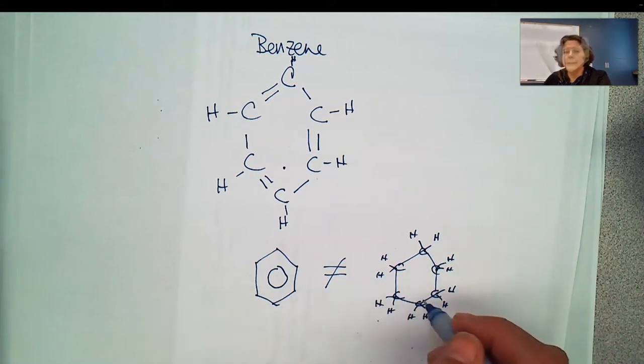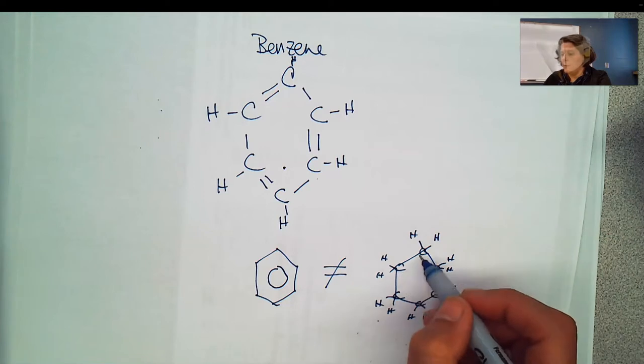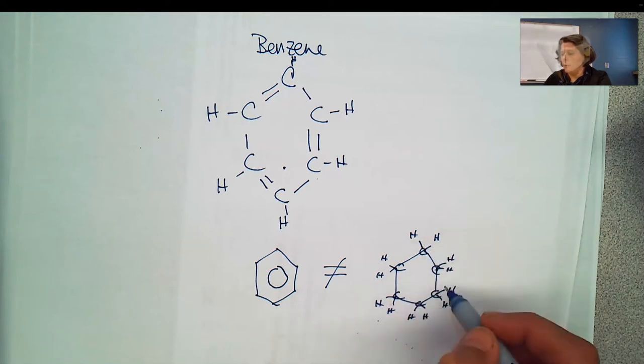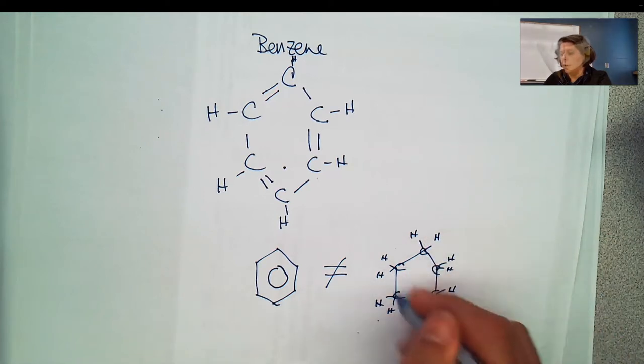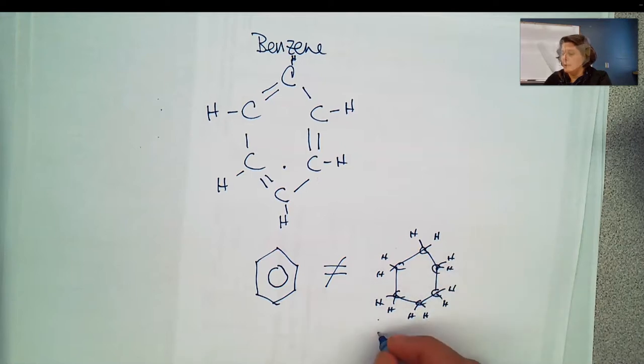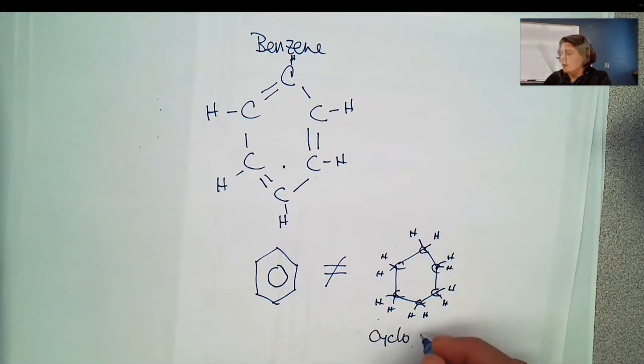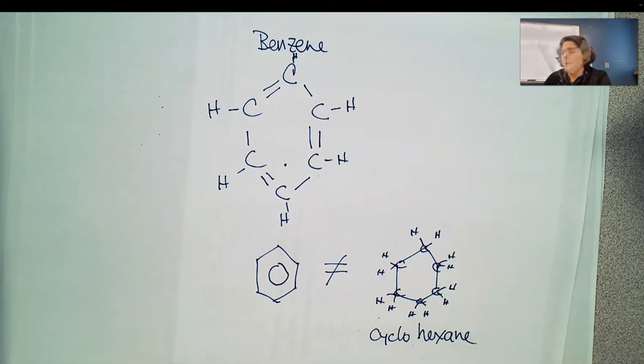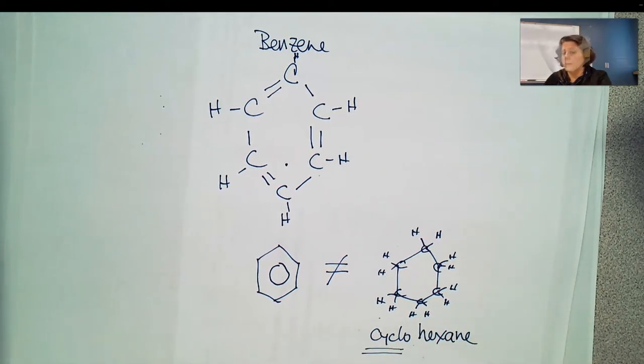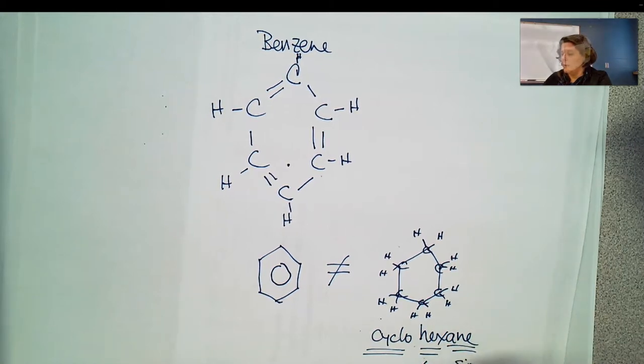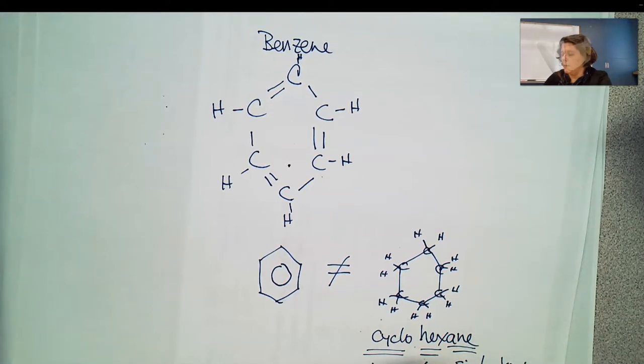These 2 things are not the same, because now this one has 1, 2, 3, 4 on each carbon, but they have 2 hydrogens, and all of them are single bonded. This is cyclohexane. Cyclo meaning circle, hex meaning 6, ane meaning single bond.